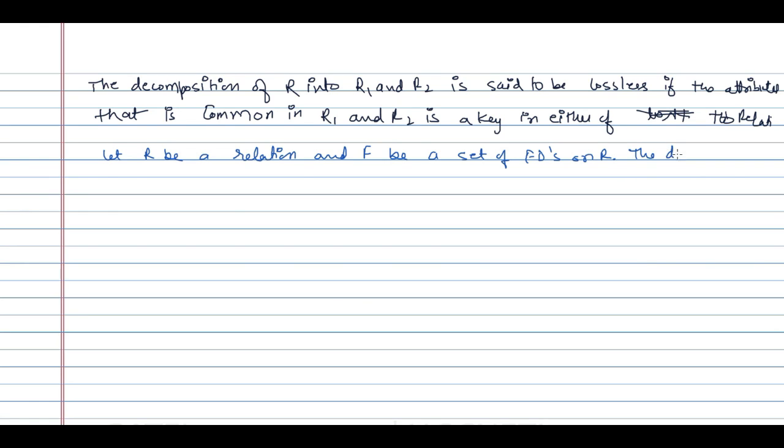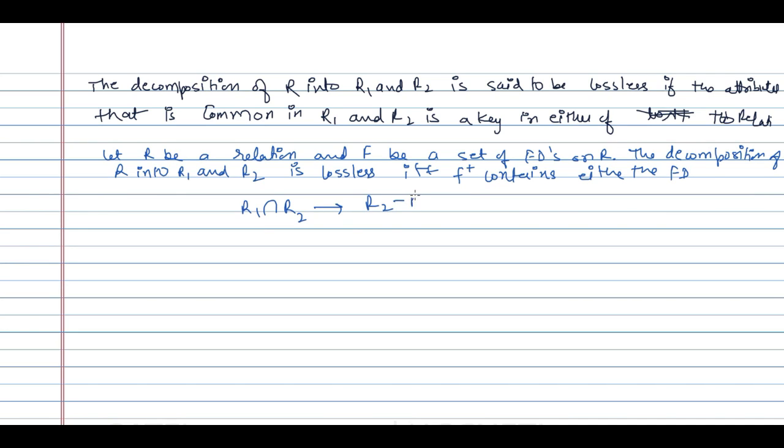Now the decomposition of R into R1 and R2 is lossless if and only if F plus, that means the closure set of the functional dependencies, contains either the functional dependency R1 intersection R2 determines R1 minus R2, or R1 intersection R2 determines R2 minus R1.